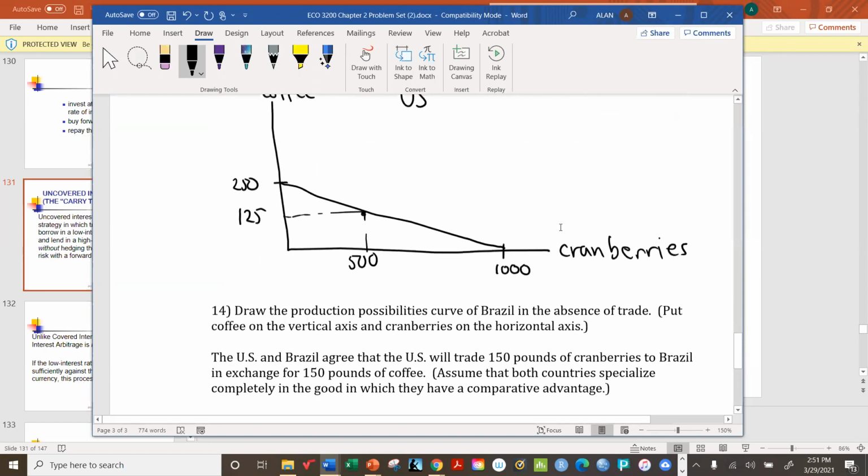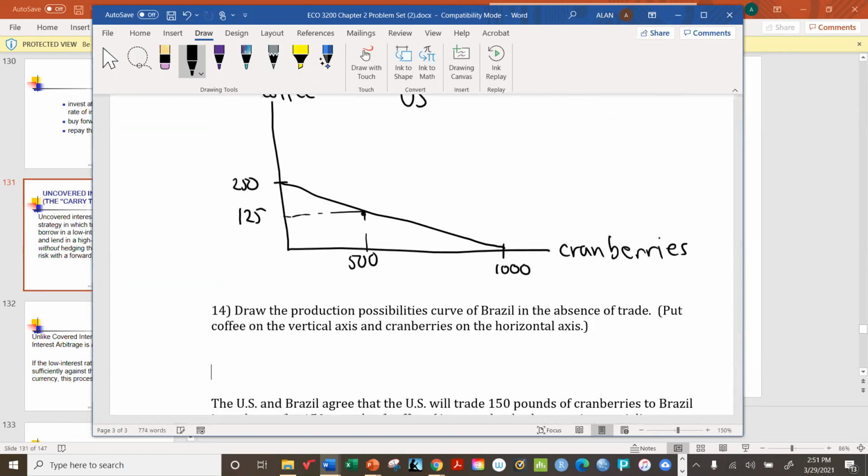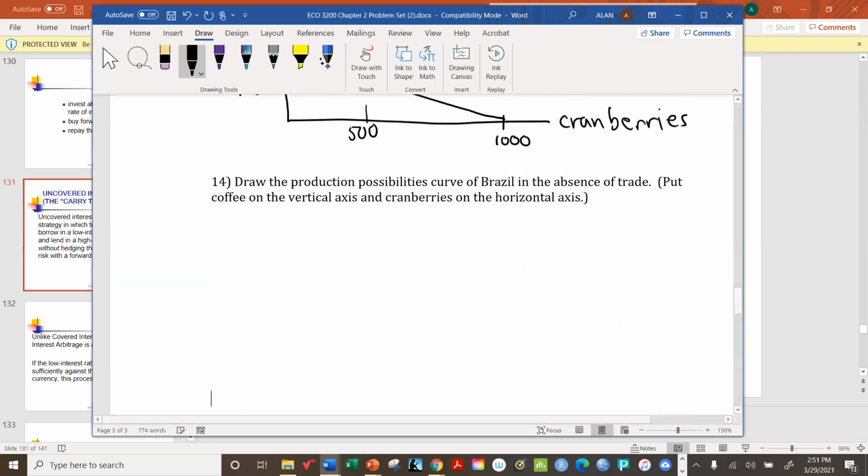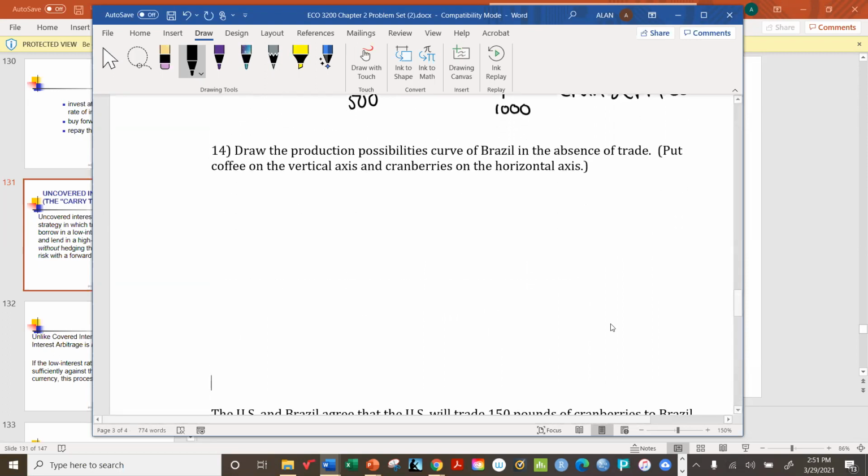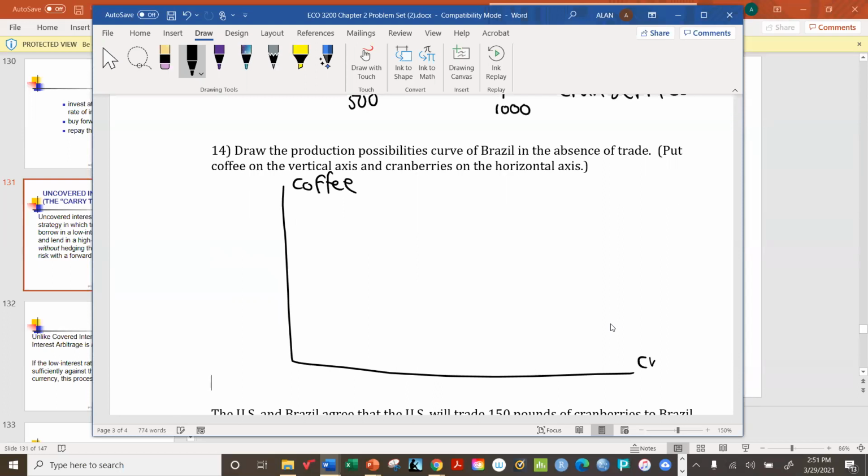Now, how about Brazil? Brazil, as we've already seen, okay, so let's put coffee up here. The maximum they can produce of coffee is 400 pounds, and they can only make 100 pounds of cranberries.